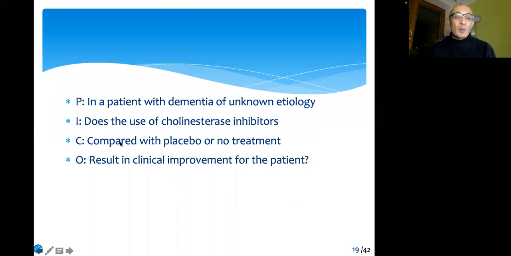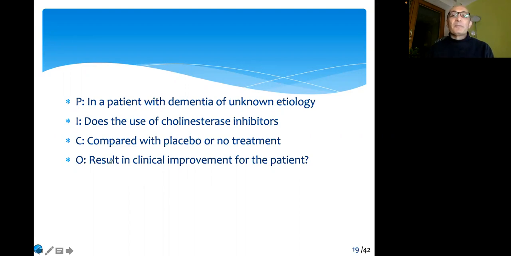Okay, here is one example before making another break. In a patient with dementia of unknown etiology, does the use of cholinesterase inhibitors compared with placebo or no treatment result in clinical improvement for the patient?